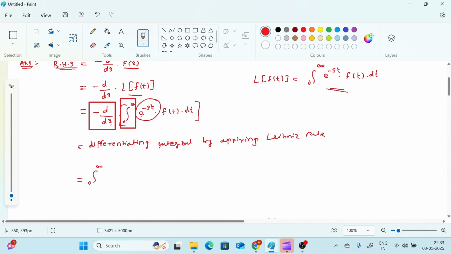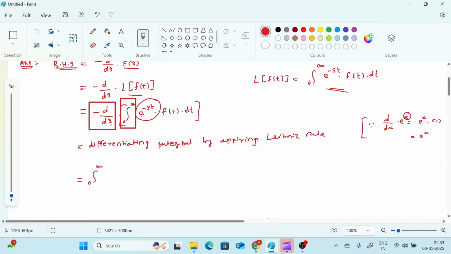What is the differentiation now? Let me revise 11th and 12th standard: d by dx into e raised to x is e raised to x into differentiation of x, which is 1, so e raised to x.